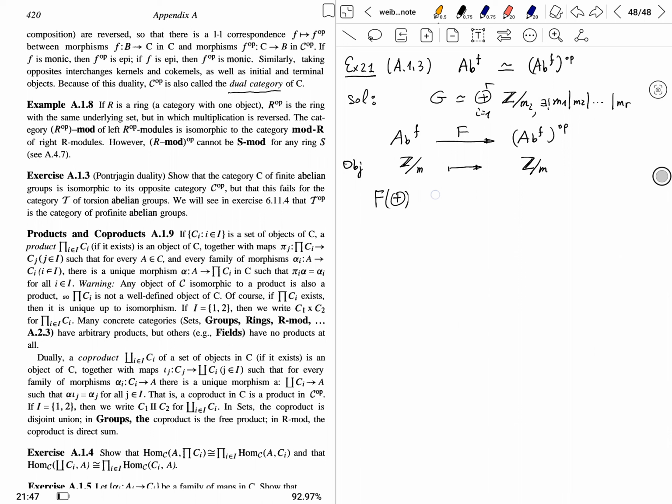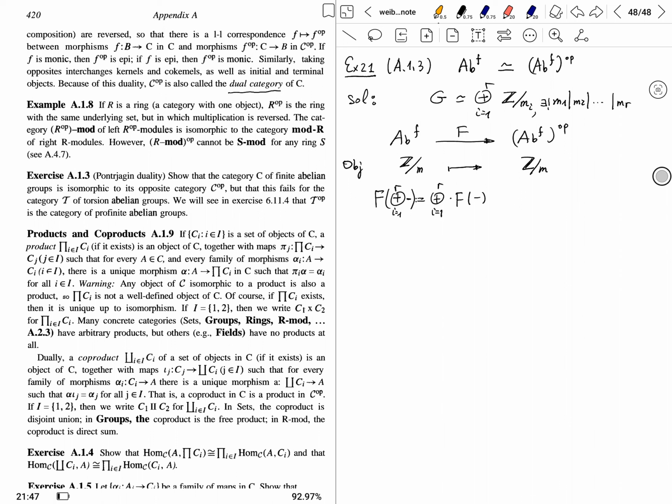Let's just extend by commutativity with this direct sum. And it suffices to just check this.